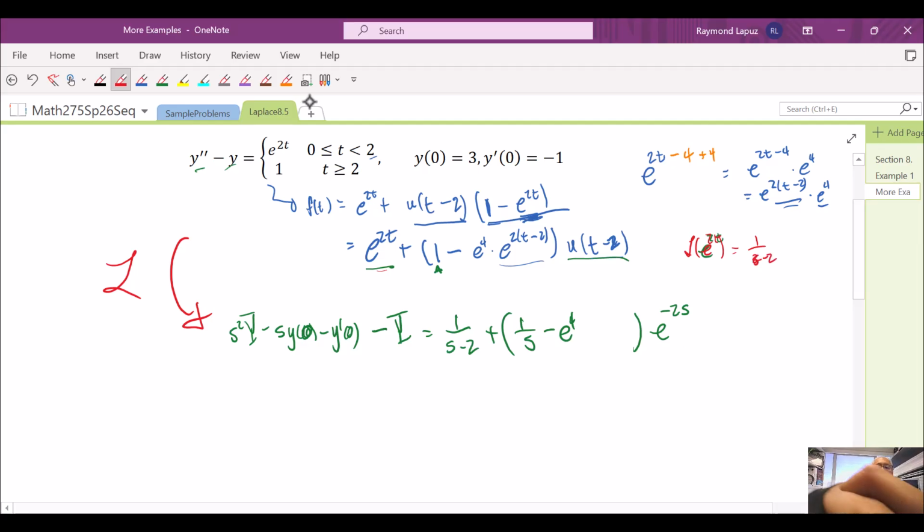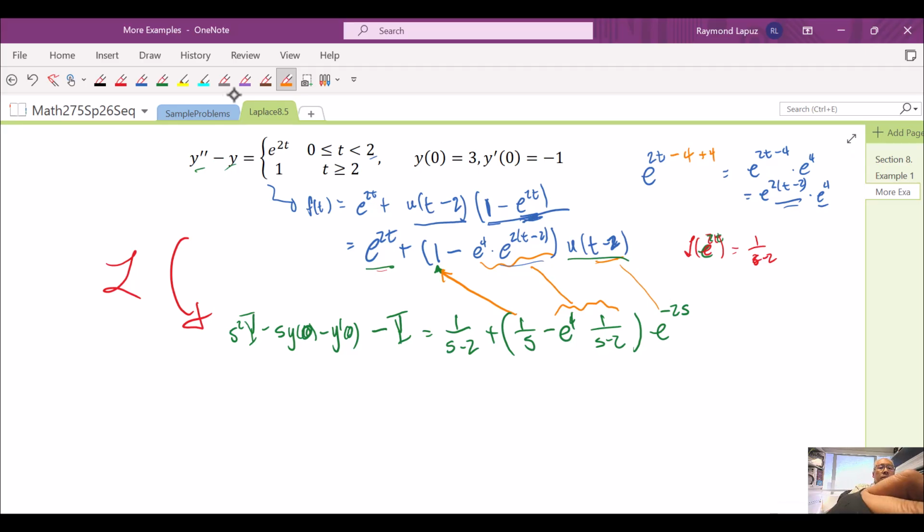So that's what we will have here. 1 over s minus 2. All right? Okay, so just so we know where these things come from, that's from there. This is from here. And because of this shift, we have this exponential function. Those are all grouped together.